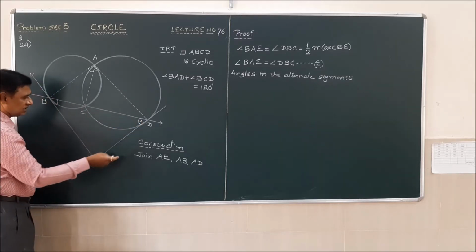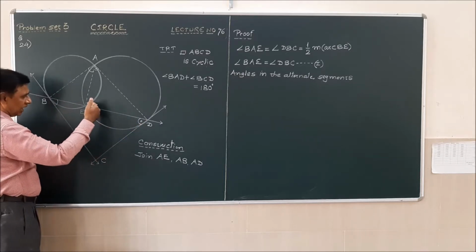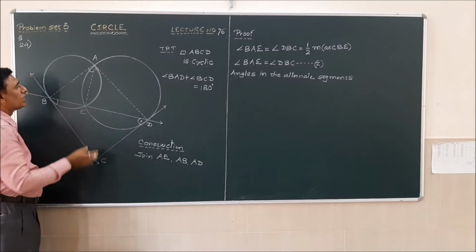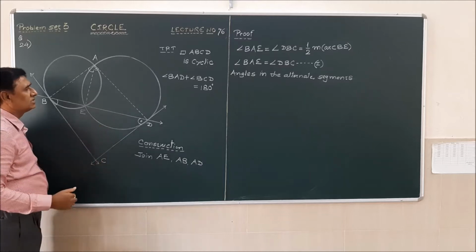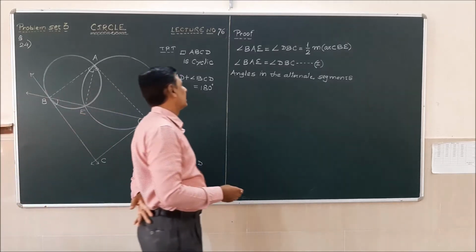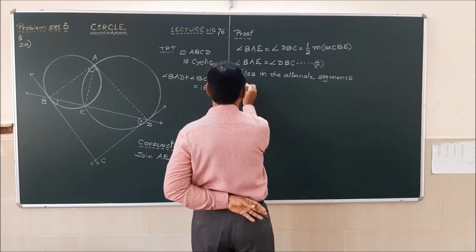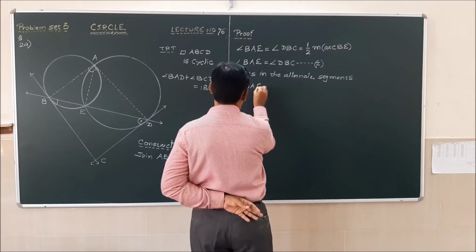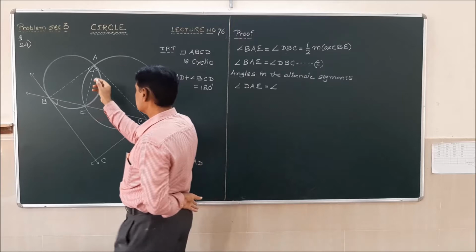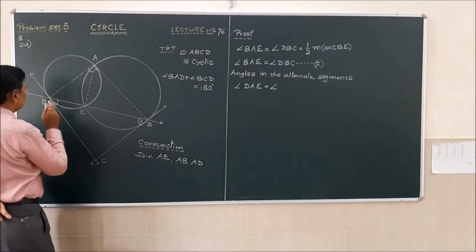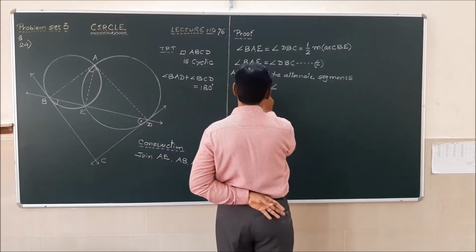BD is a secant, DC is a tangent. So by the tangent-secant angle theorem, the angle is equal to half the arc, and by the inscribed angle theorem, angle EAD is equal to half the arc DE.